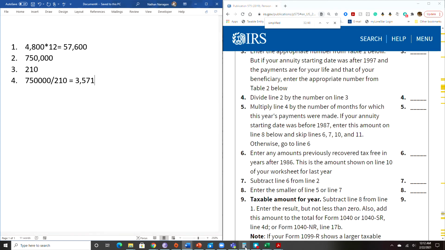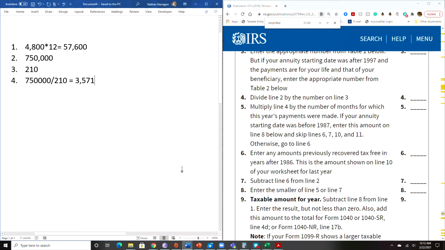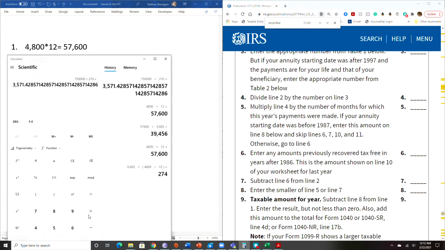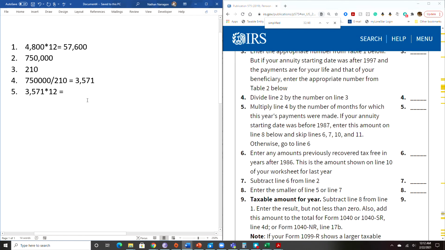Okay, $3,571. Next, line 5. Multiply line 4 by the number of months for which this year's payment was made. So 3,571 times 12, so about 42,852.